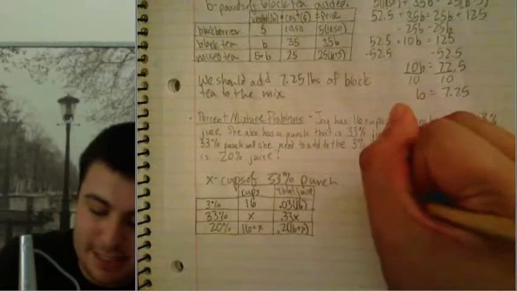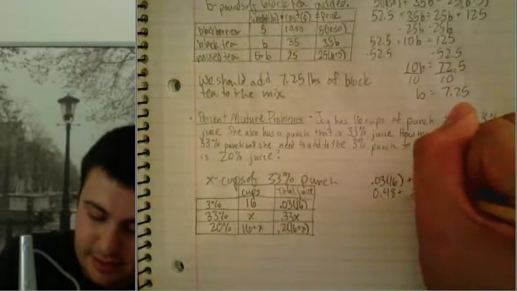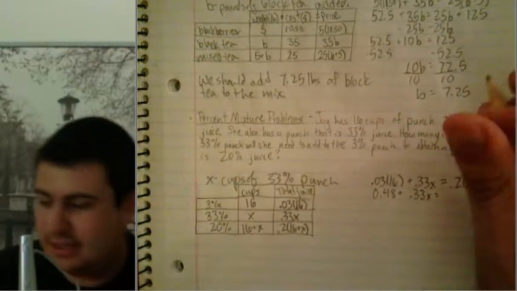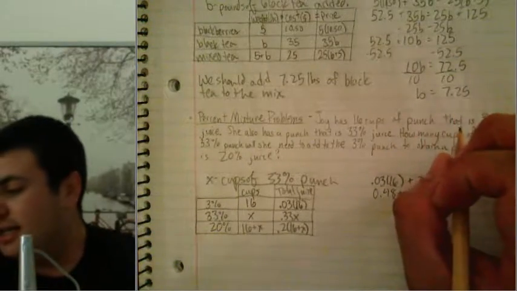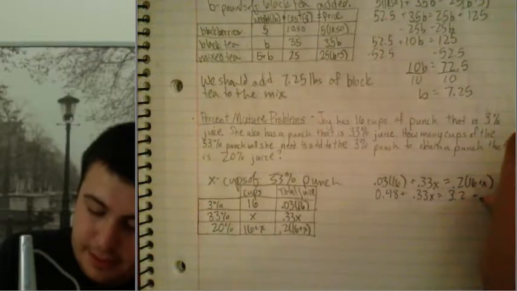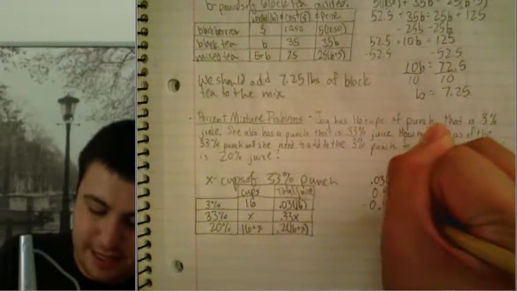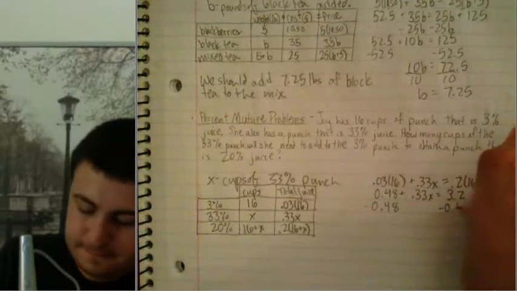Now we multiply, and we see this is 0.48 plus 0.33X equals 0.2 times 16, that's 3.2 plus 0.2X, and subtract 0.48 from both sides.